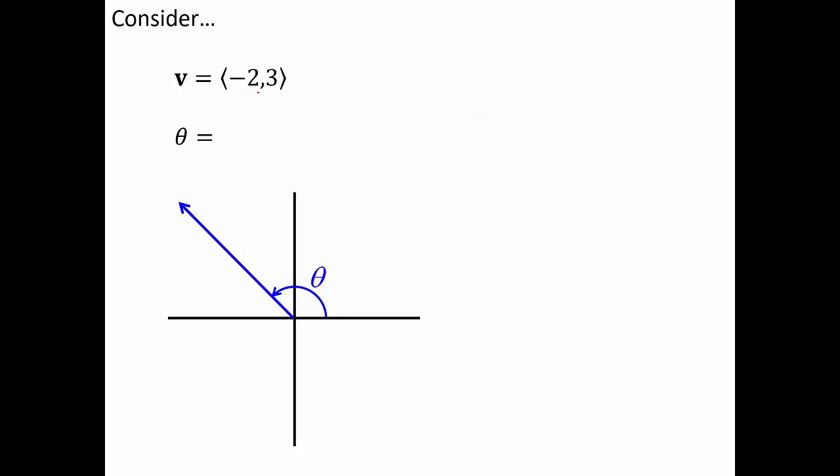Consider this one. -2, 3, that's going to be a second quadrant vector, so a second quadrant angle. Keep in mind the angle starts at 0 degrees and goes all the way around to wherever it ends in the second quadrant. If I were to attempt the same formula, inverse tangent of b over a, or inverse tangent of 3 over -2, type that in the calculator, it's going to tell me that the answer is -56.309.